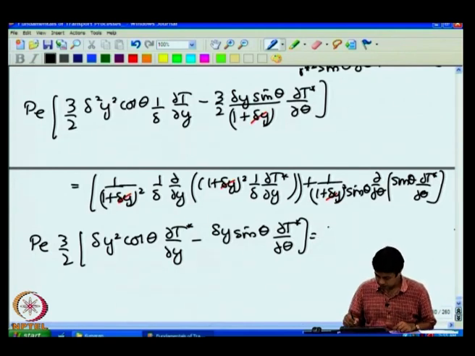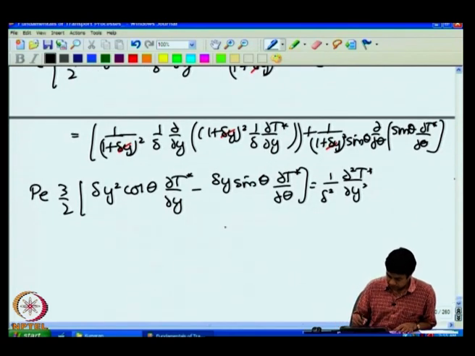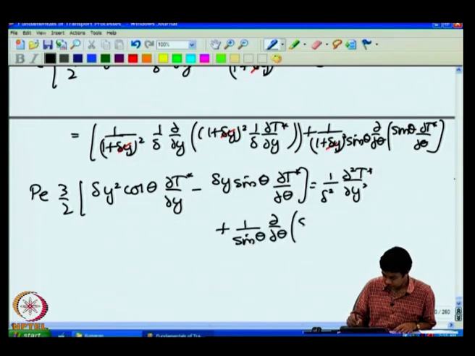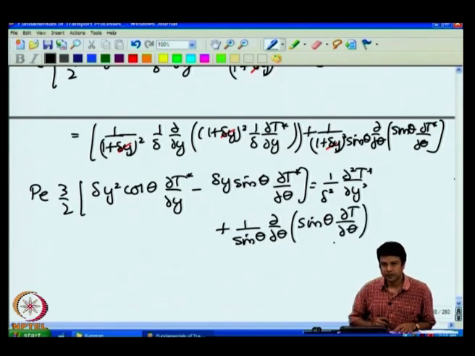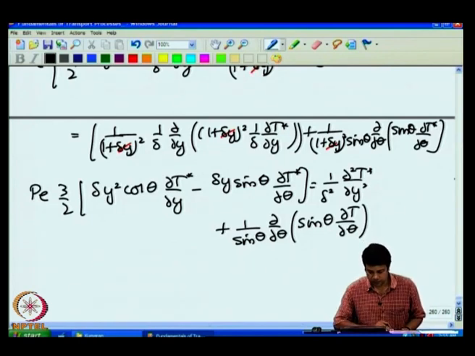The first term here is 1 by delta square partial square T by partial y square. And the second term is 1 by sin theta d by d theta of sin theta partial T by partial theta, after I have neglected all the terms proportional to delta, retaining only the leading order terms.